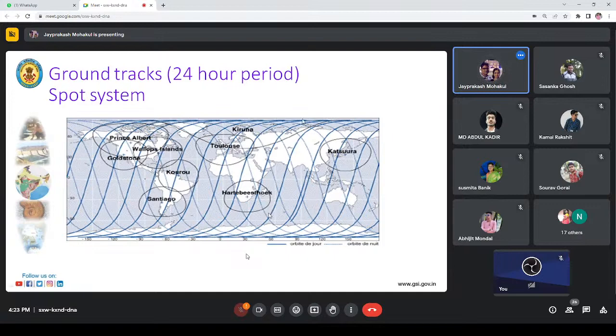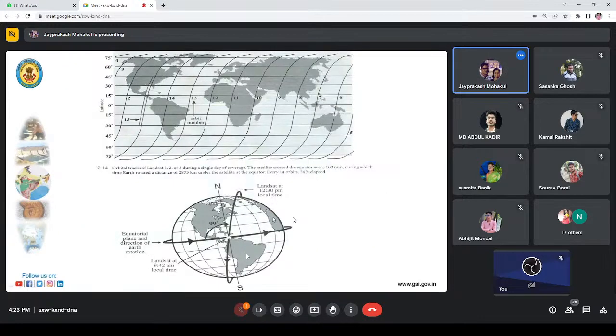Okay, this is the satellite ground tracking system, and this is the Landsat ground track, right? It starts from here. One, two, three, four.